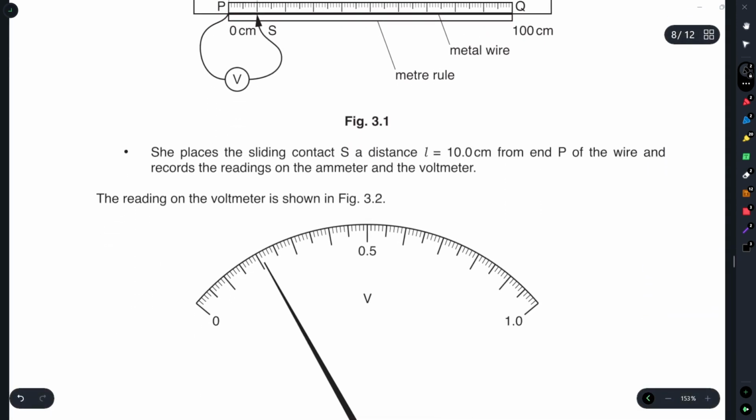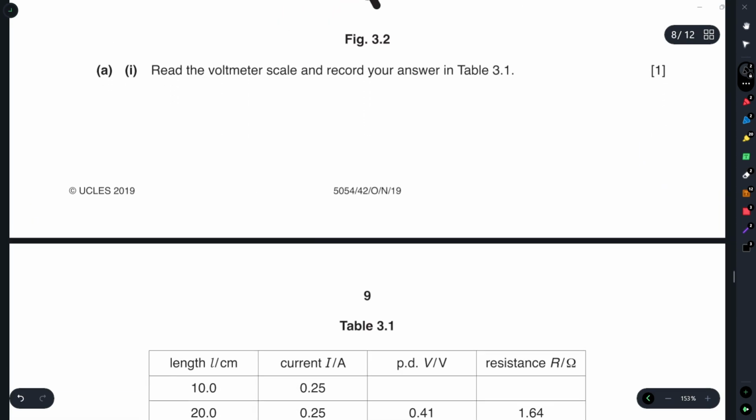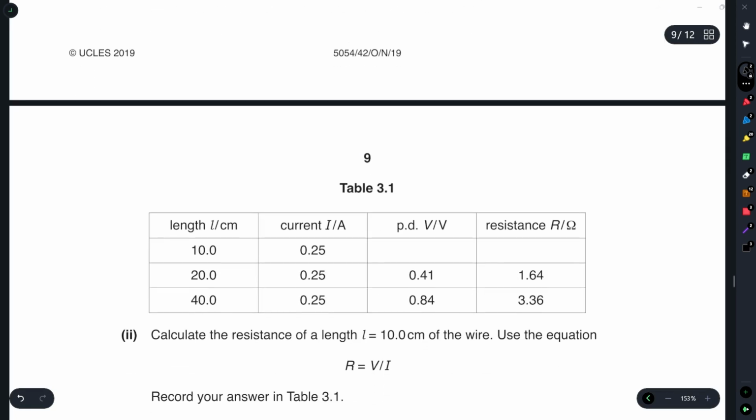resistance. So again, you've got a potentiometer like problem, reading, blah, blah, blah. Read the voltmeter scale, record in 3.1. So voltmeter scale would be 0.5 till here. So 0.4, 0.3, 0.2, 0.1. So yeah, so it's going to be 0.1, 0.2, 0.21, I'm guessing is going to be the correct answer.